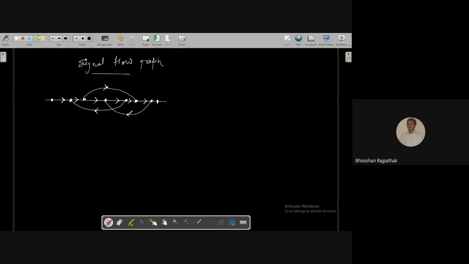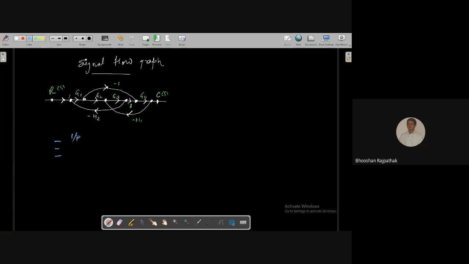So in a signal flow graph, there are different components, I should say.